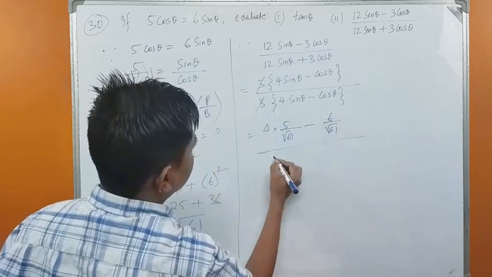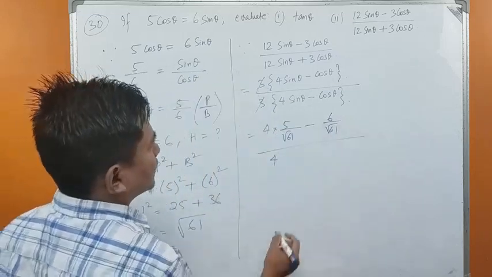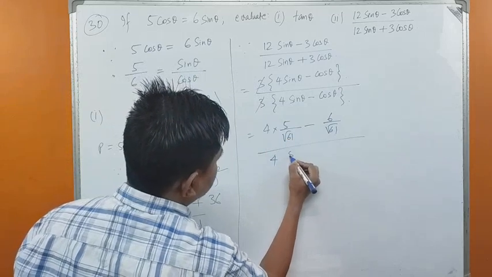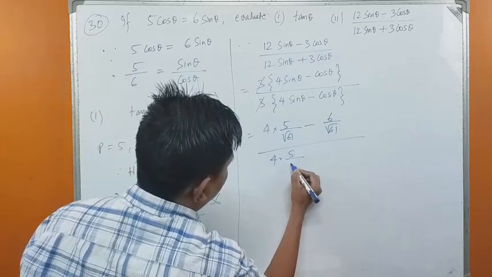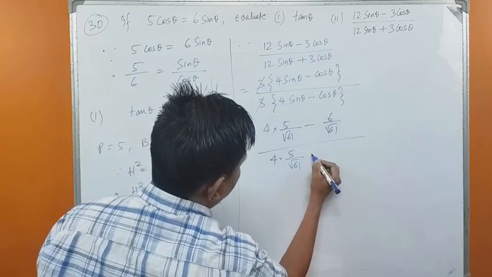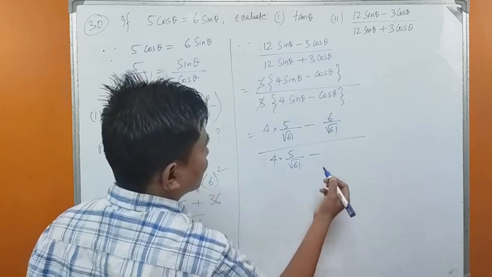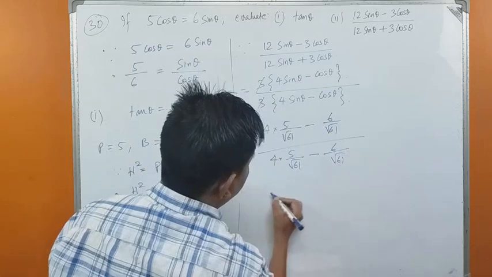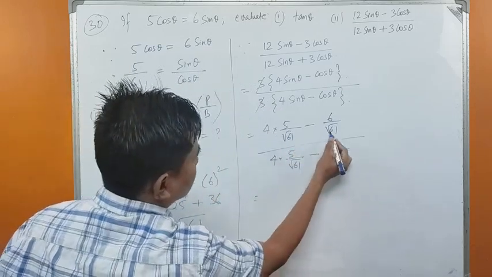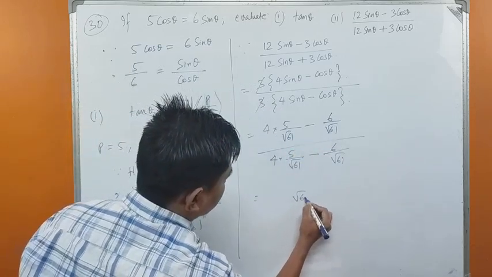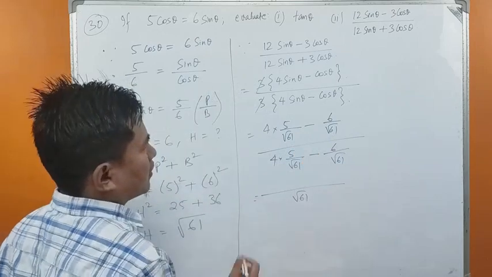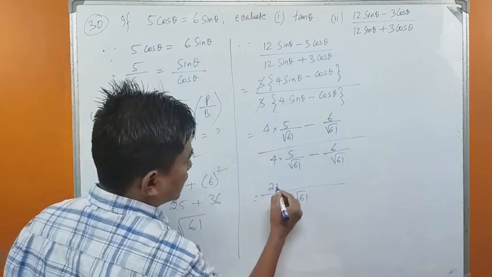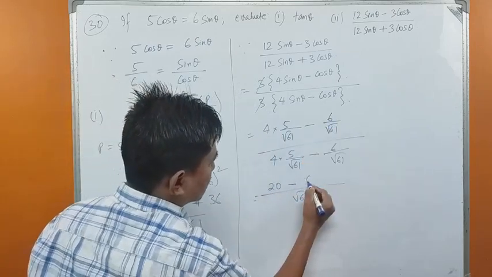Whole upon 4 sin theta, again sin theta means perpendicular upon hypotenuse, root 61, plus cos theta means base upon hypotenuse, root 61. Now root 61 is common, the LCM. 4 5s are 20 minus 6.